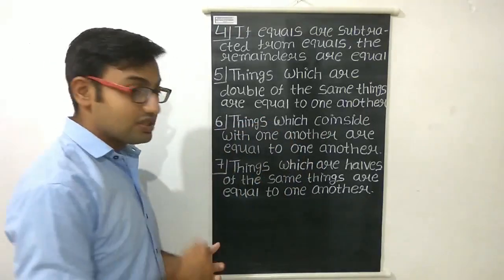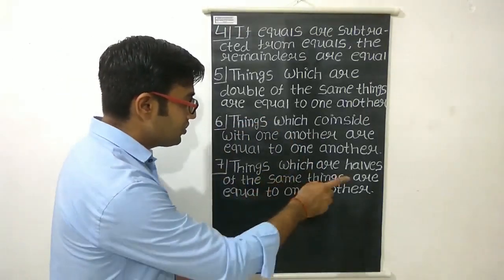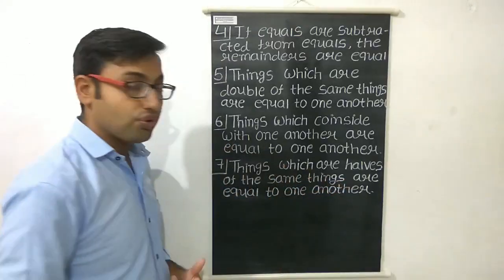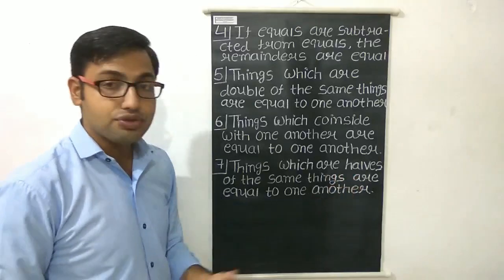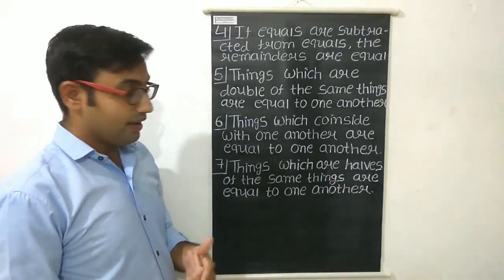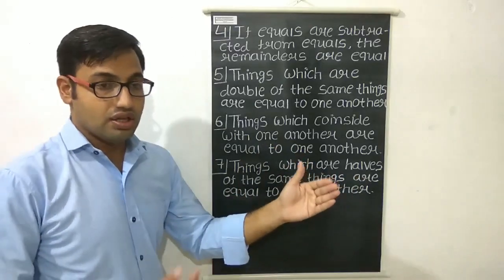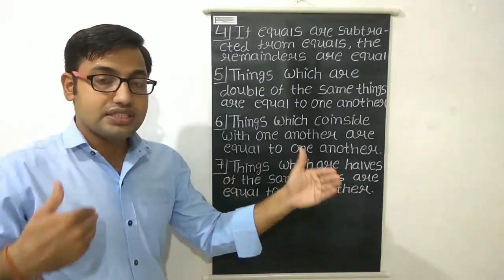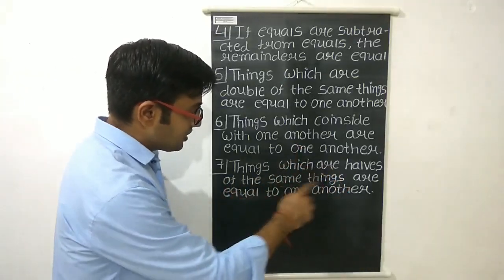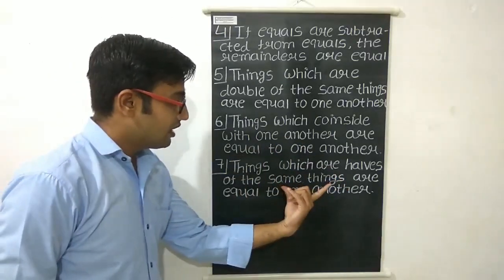Now the last, seventh one, is things which are halves of the same things are equal to one another. The meaning of halves is to divide by 2. Let's suppose we have 6 liters of water on the first side and 6 liters of water on the second side. We have to take the same things.